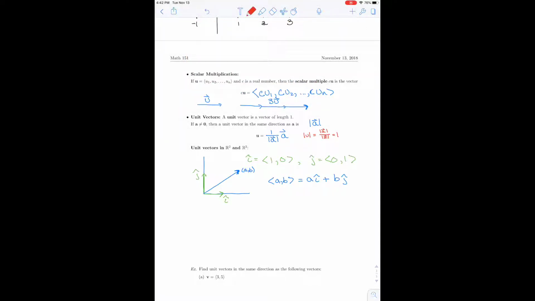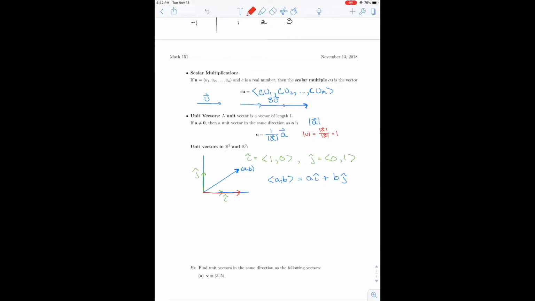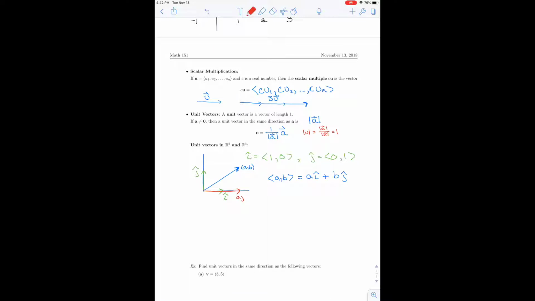So you can see if I follow in the x direction, or the i hat direction, for a distance a, then that gives me the vector a i hat.